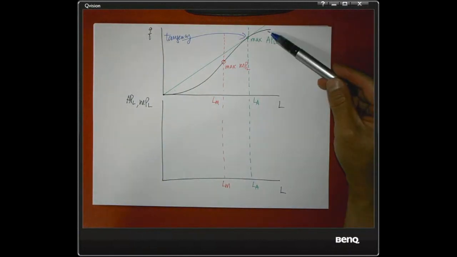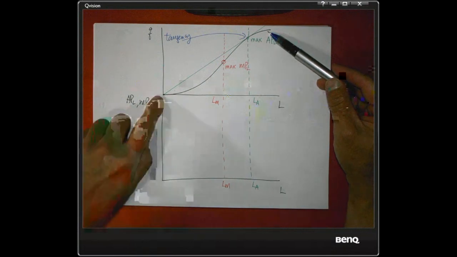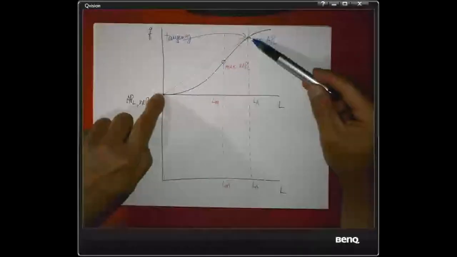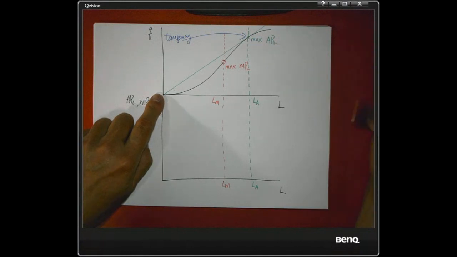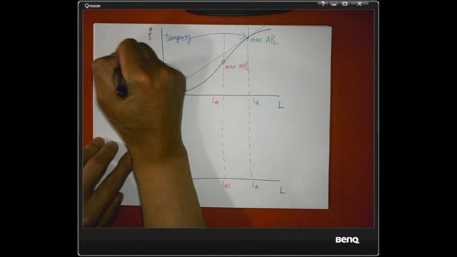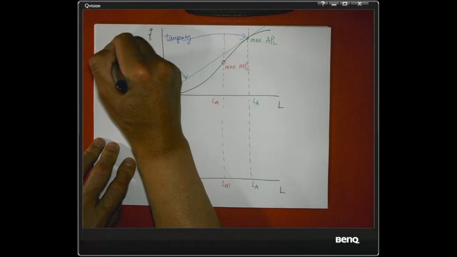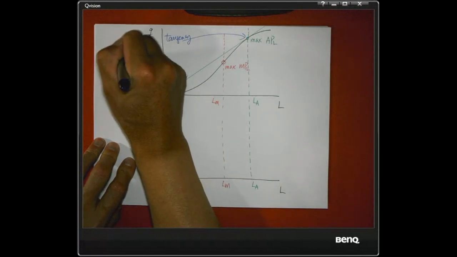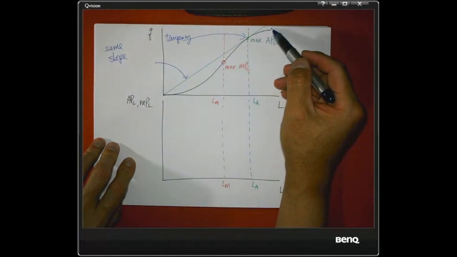That is, the total product curve is actually tangent to the straight line from the origin at this point, which tells us the slope of this straight line is the same as the slope of the total product curve.